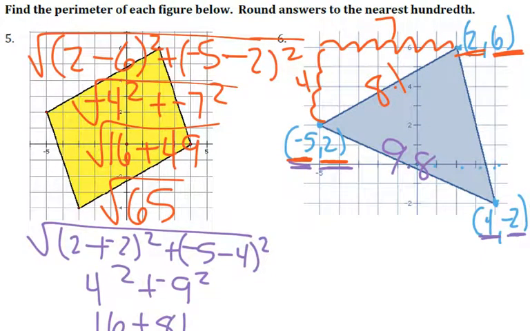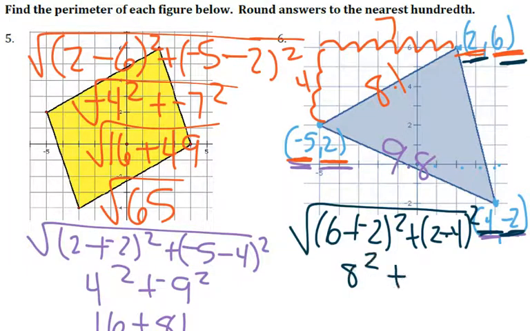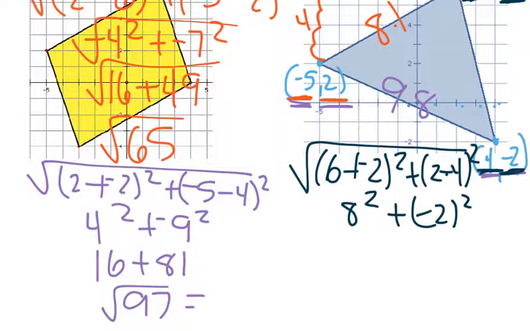Okay, then the last one. A y value, 6, minus the other y value, negative 2, squared plus x value, 2, minus x value, 4, squared. So it'd be 8 squared plus 2 minus 4, negative 2 squared. Negative 2 squared is positive 4. 8 squared is 64.